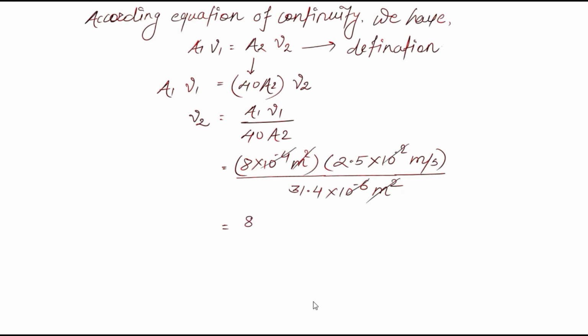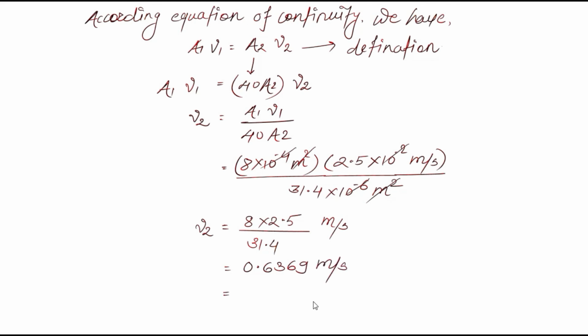We get 8 into 2.5 upon 31.4, that is V2 in meter per second. You can solve it using a log table or simple calculation. You will get 0.6369 meter per second.